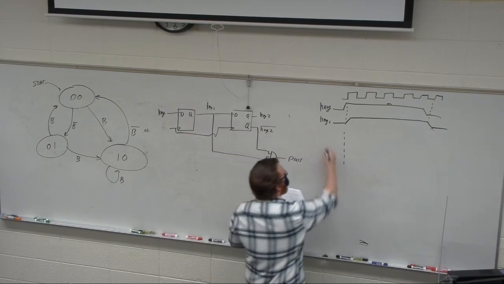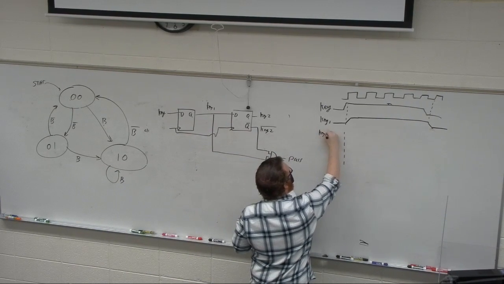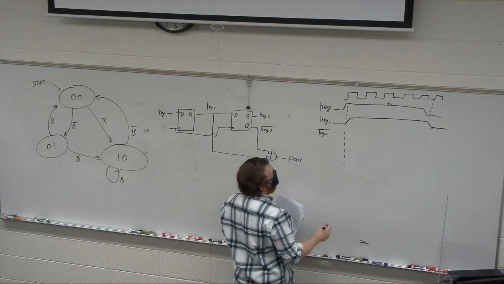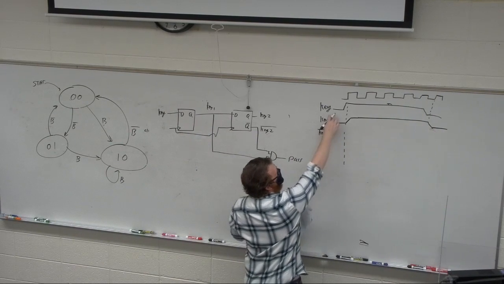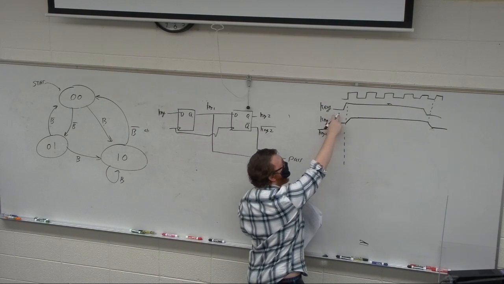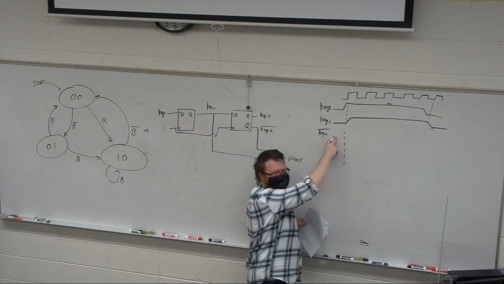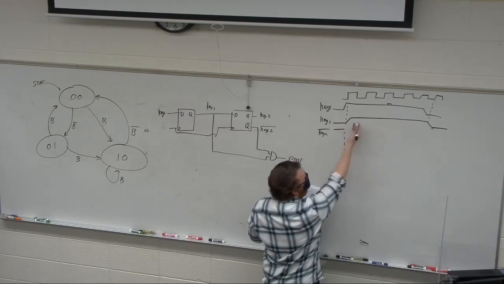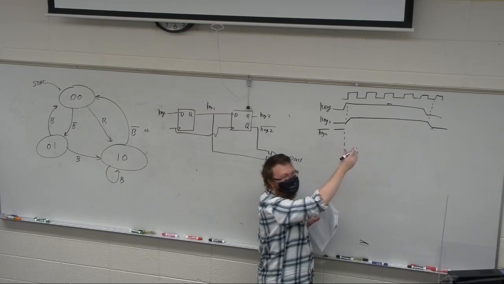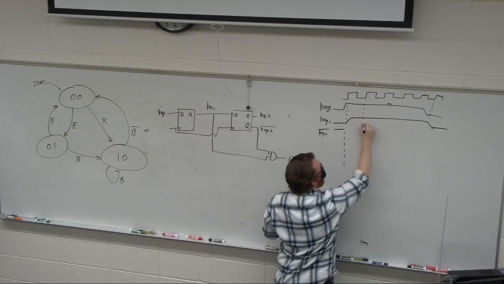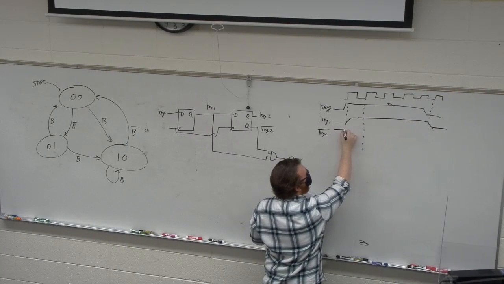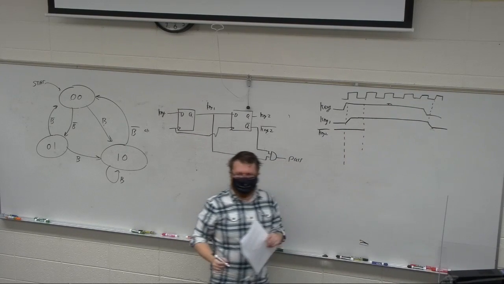Well, let's look at key 2 bar. What it's going to do is start out the opposite of this, right? Because key was getting passed to key 1, which was getting passed to key 2. This is key 2 bar. So it starts high. Nothing can happen yet because it's a whole clock cycle behind. So we have to wait until the clock cycle where key 1 is now updated before I can even start to do anything.